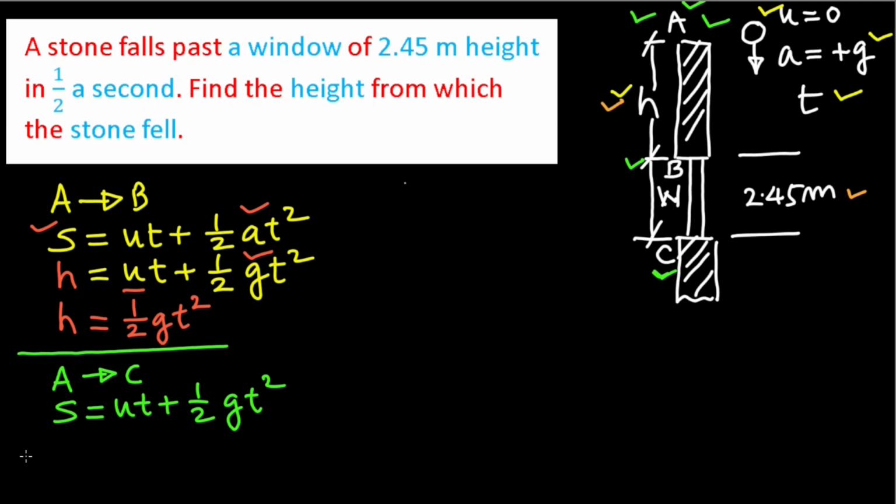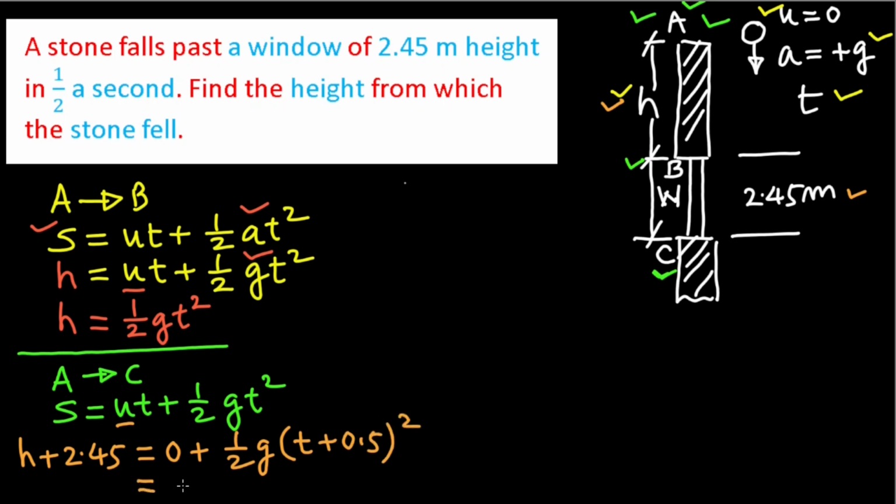So we write h plus 2.45 equals, since initial velocity u is 0, it will be 0 plus half g, the time required to cross the height h plus the time required to cross the height of the window 2.45 meter, which is given to be half. So here t will be t plus half, which is 0.5 whole square, which will be half g.